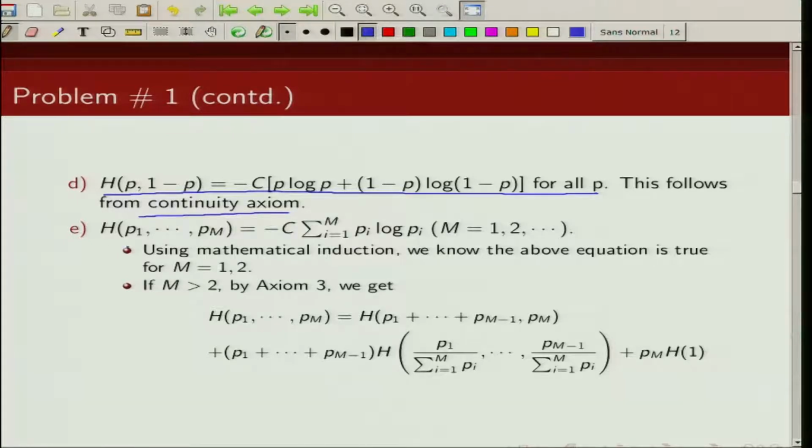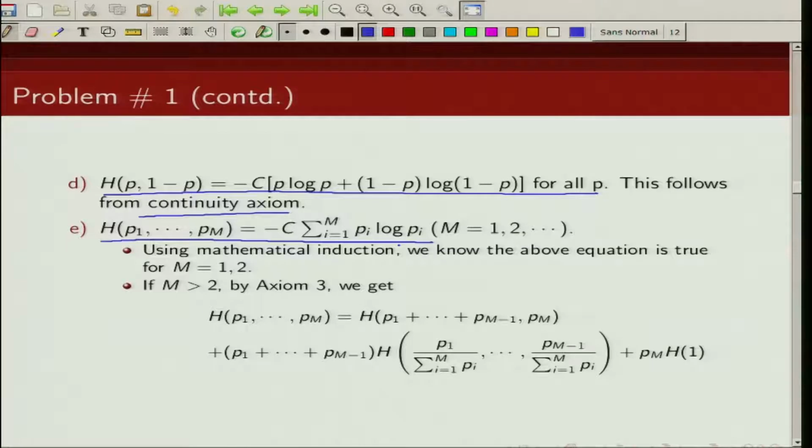Now finally we are going to show that the joint entropy of P1, P2, ..., Pm can be written of the form minus C times the summation of Pi log Pi, where i goes from 1 to m. We are going to use mathematical induction to prove this. We can see very easily this holds for m equal to 1.